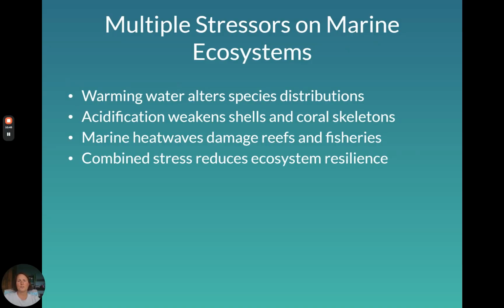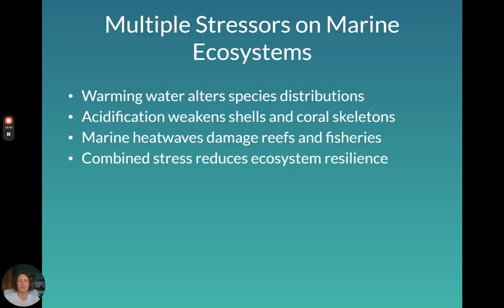So, what are some of the stressors on marine ecosystems? Warming water alters species distributions. Acidification weakens the shells and the coral skeletons. Marine heat waves damage reefs and fisheries. And as we've said before, marine ecosystems are really resilient when they are affected by one stressor at a time. But unfortunately, that's rarely the case.